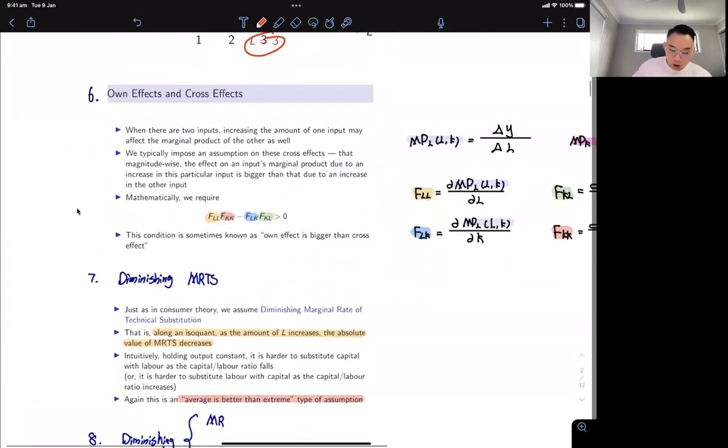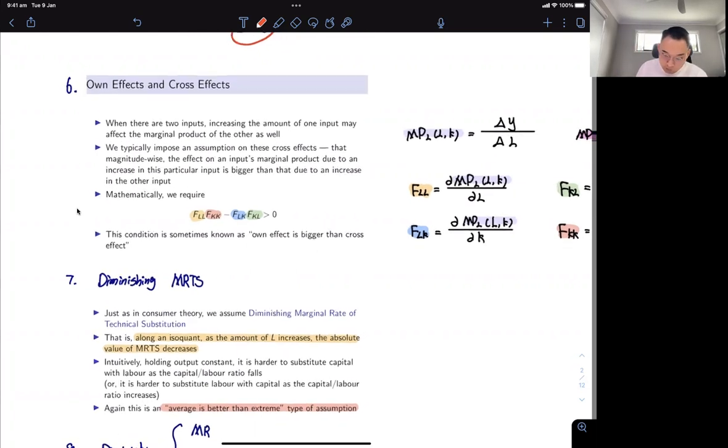Number 6, own effect and cross effect. So when there are two inputs, in our case K and L, we typically impose an assumption on this cross effect: magnitude-wise, the effect on an input's marginal product due to an increase in that particular input is bigger than due to increasing the other input, okay?